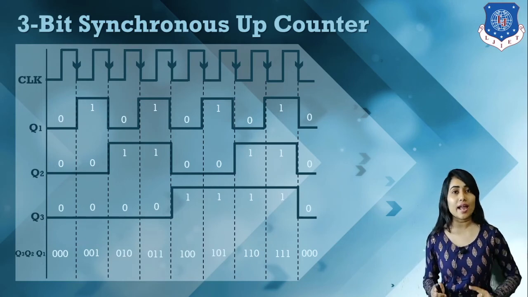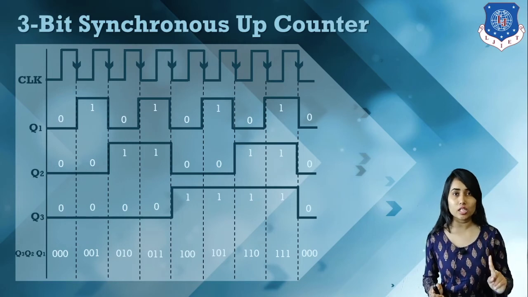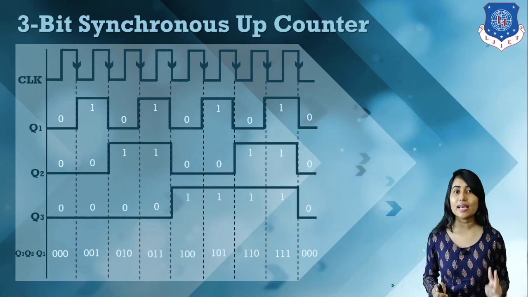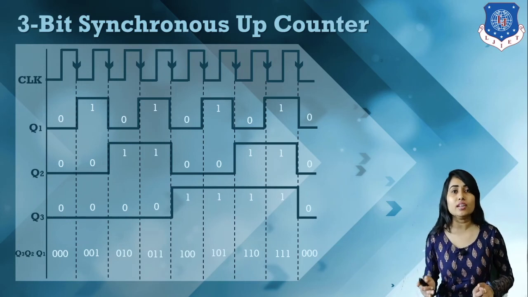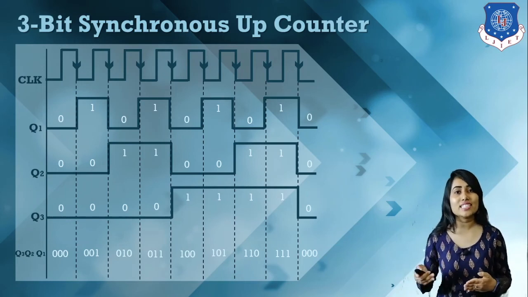In a synchronous counter, we have to apply inputs according to our sequence, but the clock of the flip-flops is the same. For all the flip-flops we have the same clock signal, and we have to decide input values for each and every flip-flop.